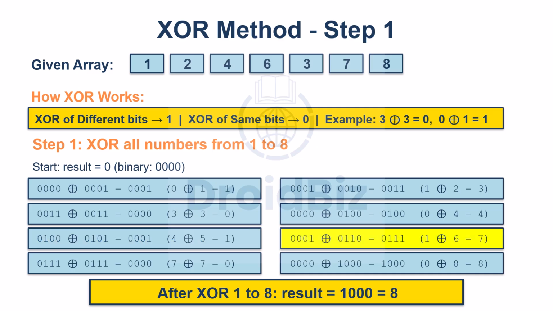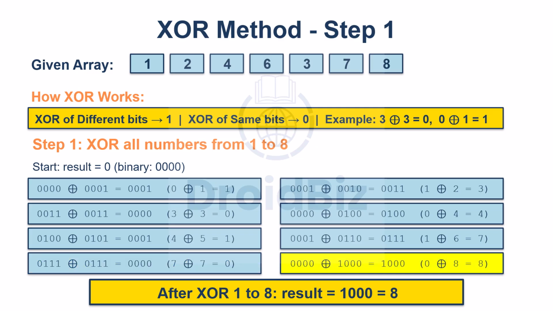Sixth, 0001 XOR 0110, which is 1 XOR 6, giving us 0111, which equals 7. Seventh, 0111 XOR 0111, which is 7 XOR 7. This equals 0000.